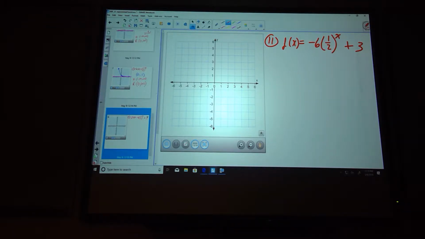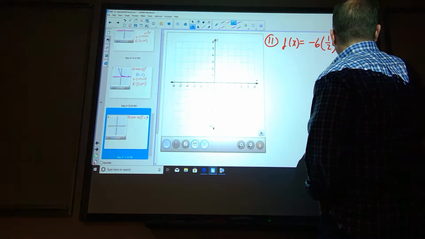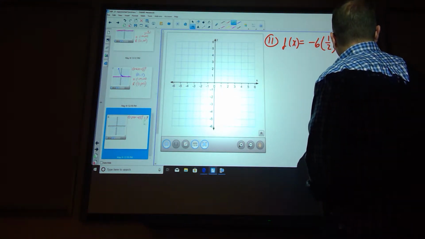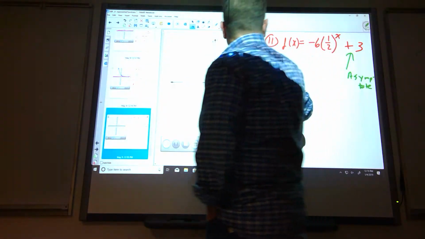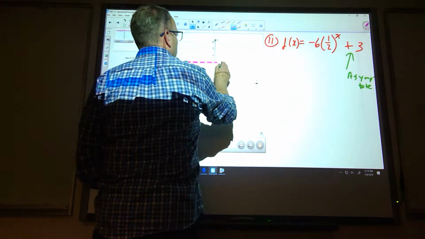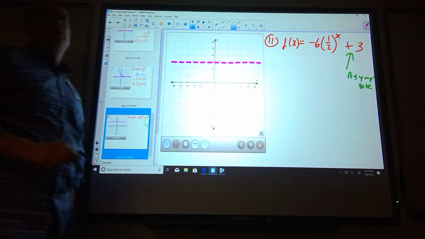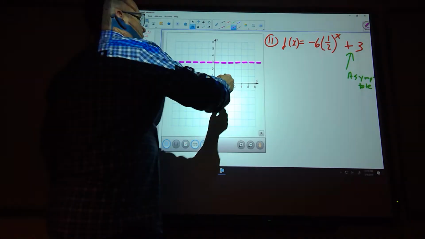Is that y equals 0? Right? So because I'm adding 3, this is going to change my asymptote. Okay? So my asymptote here is going to be here. See how that just moved up? That makes sense? And all the other rules are still going to apply.